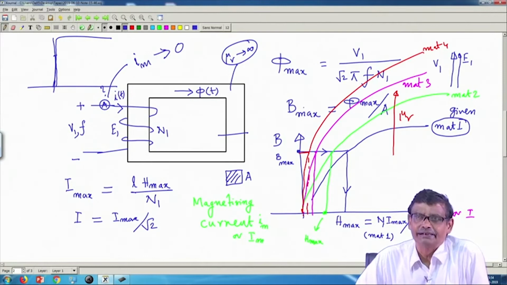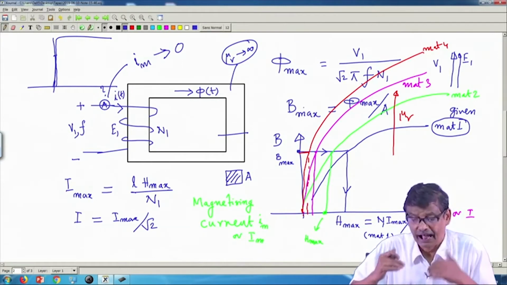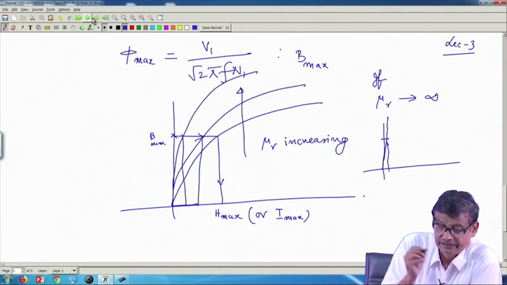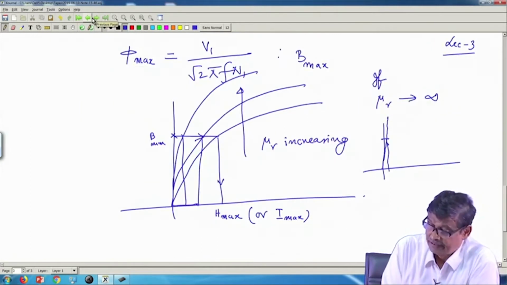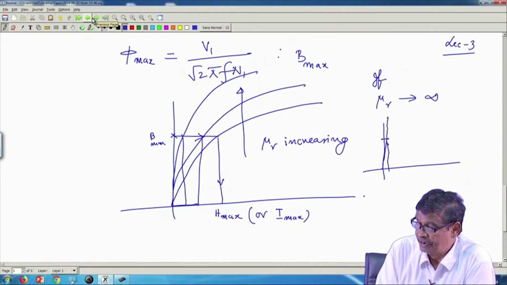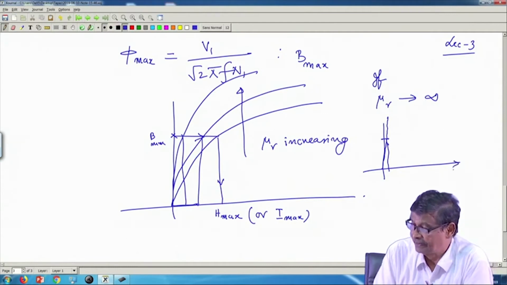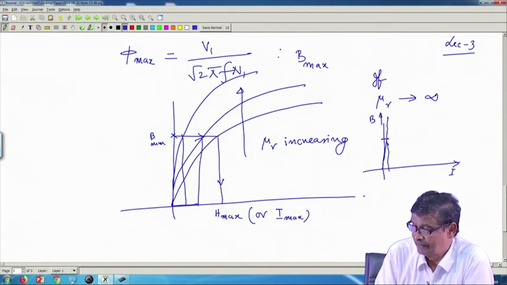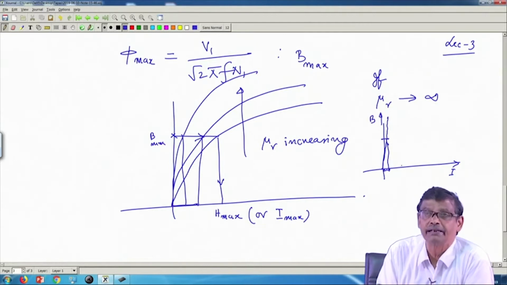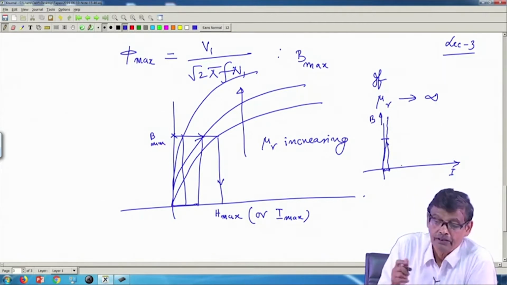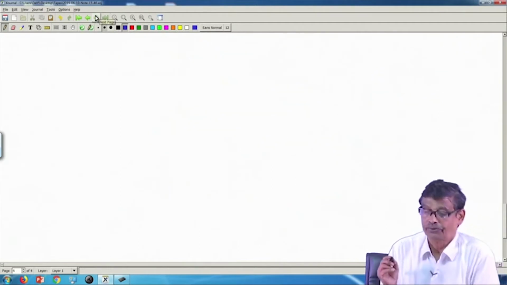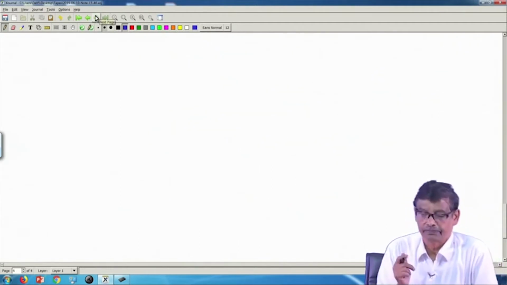So, in a very ideal situation, we will say that as mu r tends to infinity, the current drawn, that is I, and this is B, this magnetizing current drawn can be made as small as possible. We are now in a position to talk about the ideal transformer.